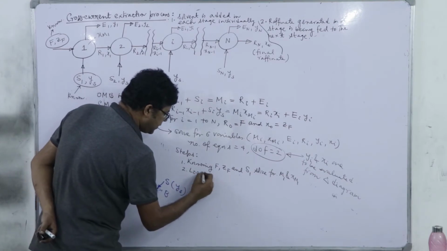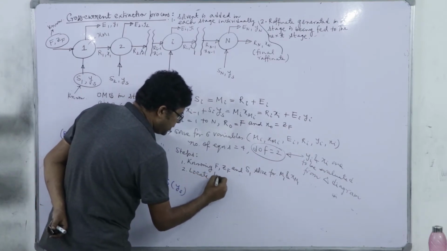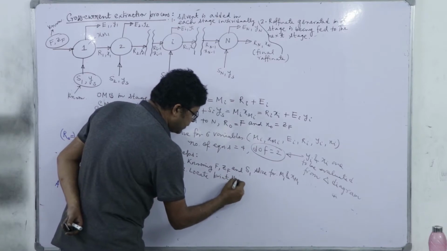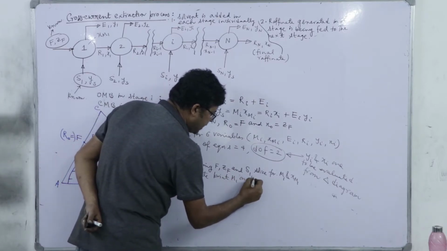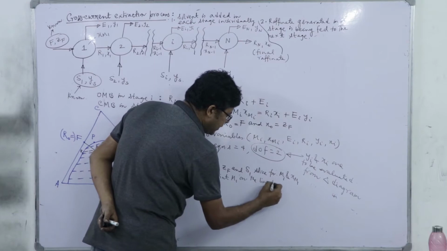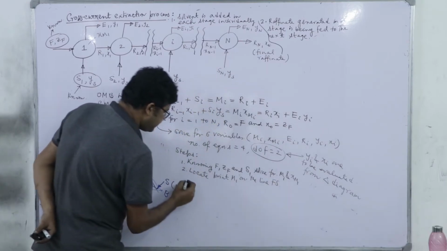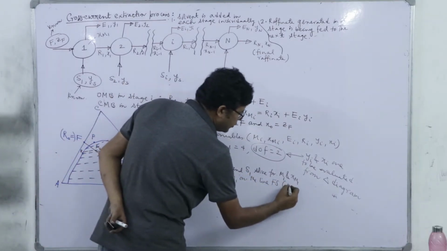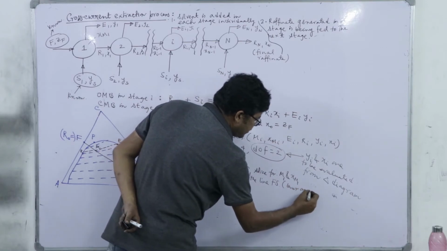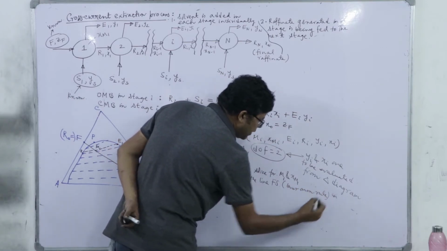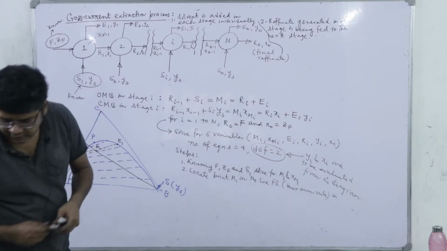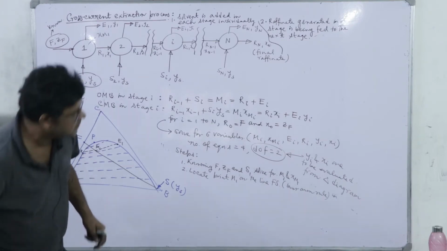Locate point M1 on the line FS. You can use this lever arm rule, or you can go for analytical calculation, whatever you wish, right.